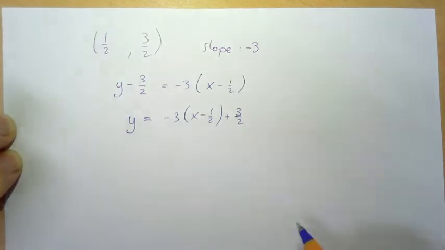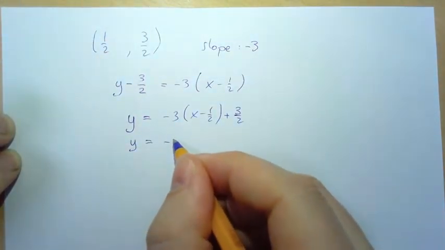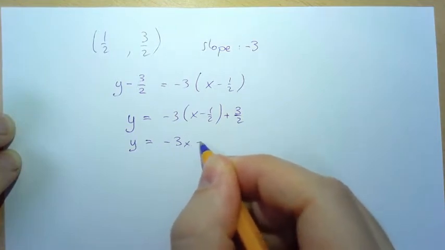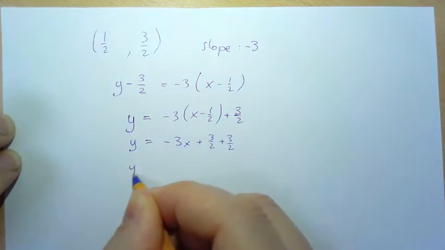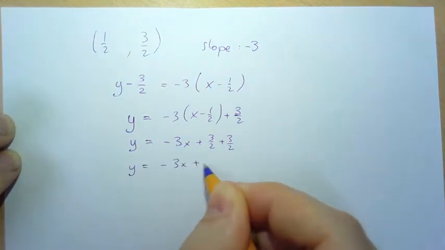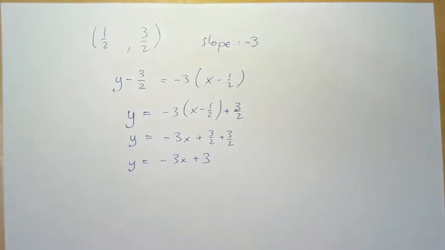You can plug this in, or you can expand: y equals -3x plus 3/2 plus 3/2, so y equals -3x plus 3. So one or the other, any of these three is fine.